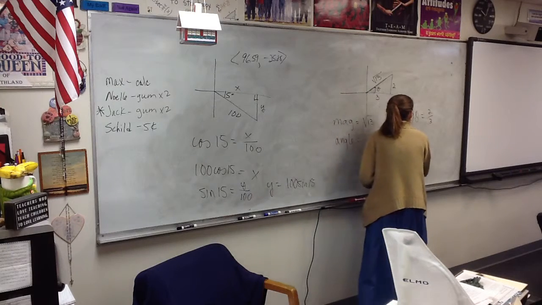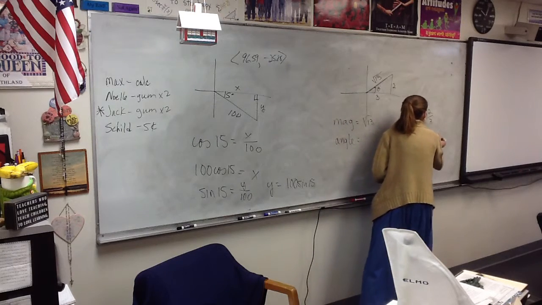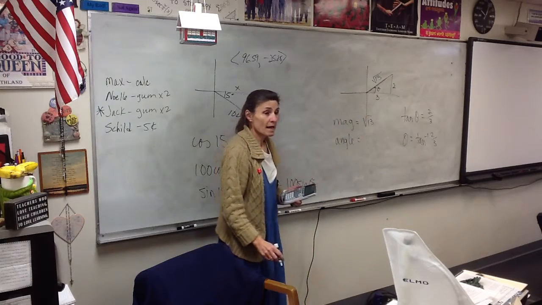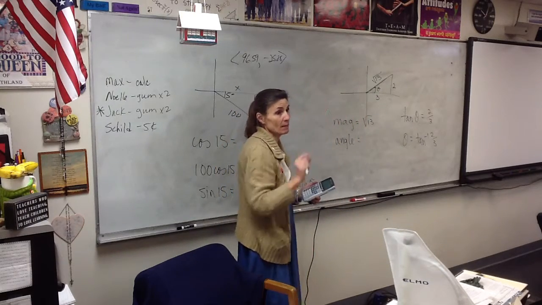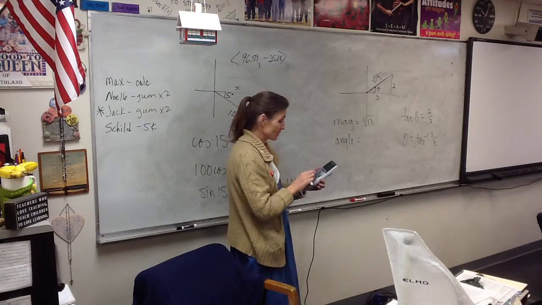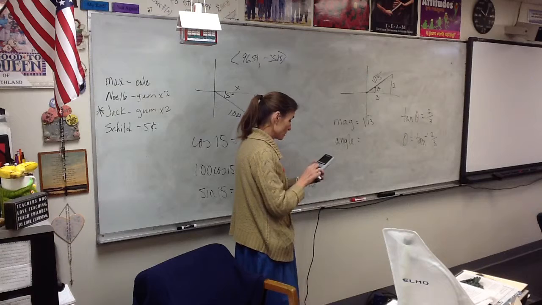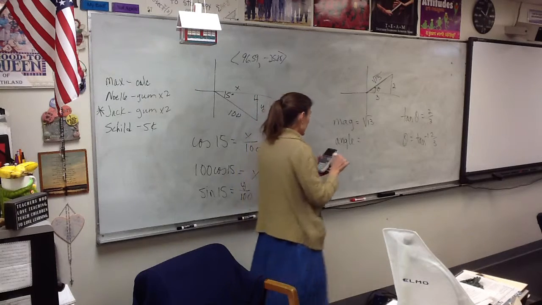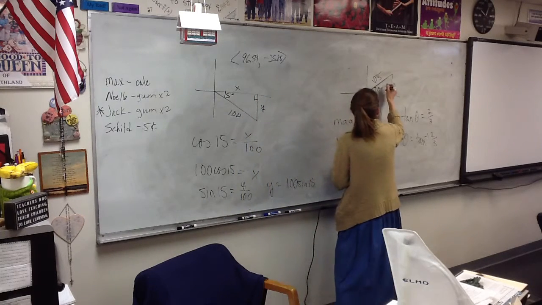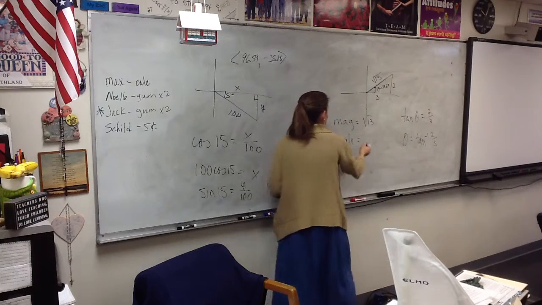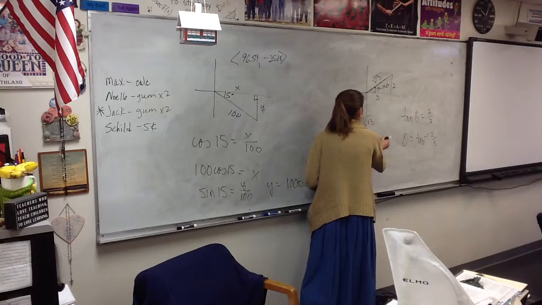So I will press second tangent 2/3. Gang, you want an angle on your calculator, use the second button. That's how you get angles. So second tangent 2/3. I got 33.69. So the direction angle is 33.69.